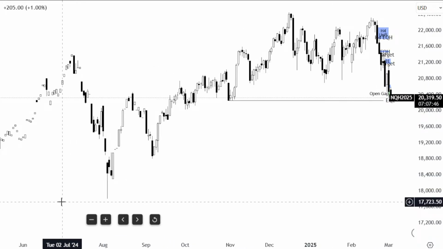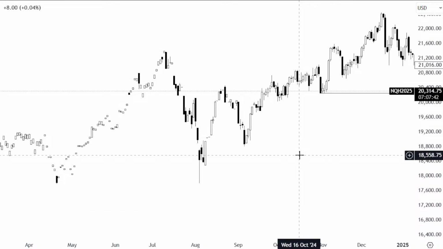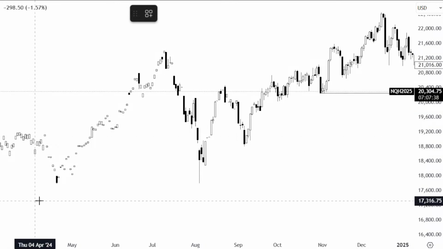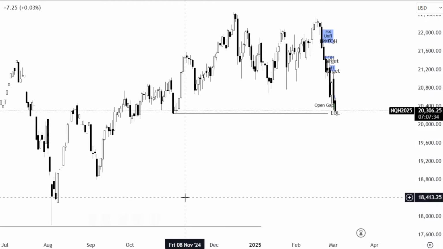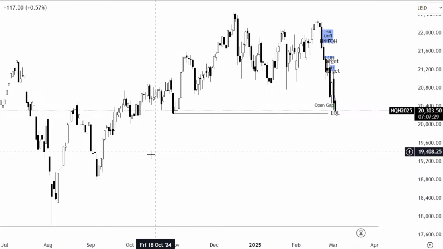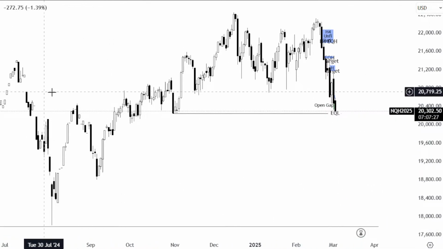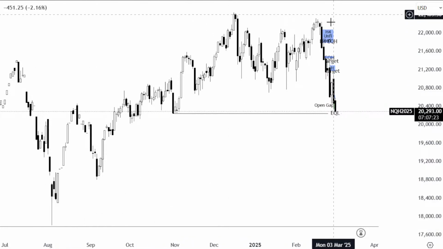What I can show you guys, from last year, we've marked out equal lows, which was this one here. We were going up here and we thought we would get it down here to run the liquidity, but we actually went higher.